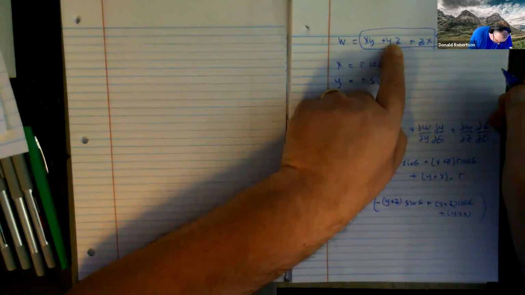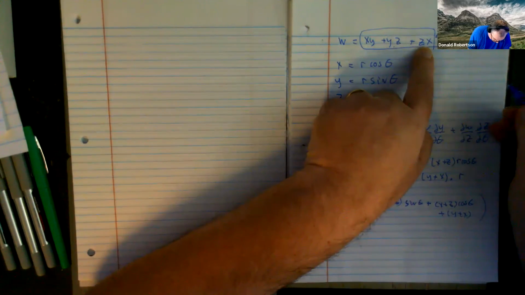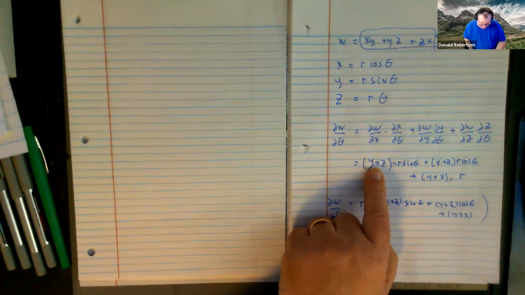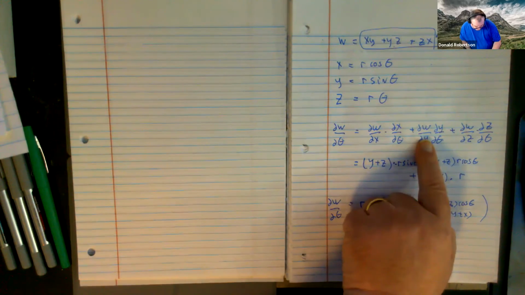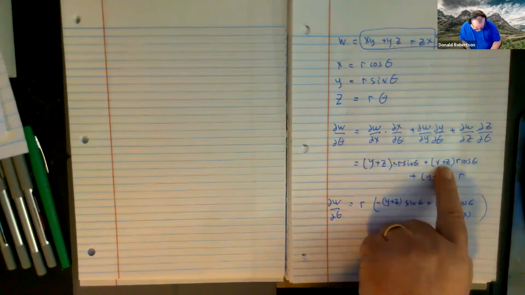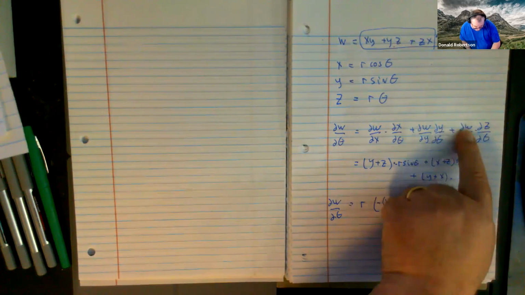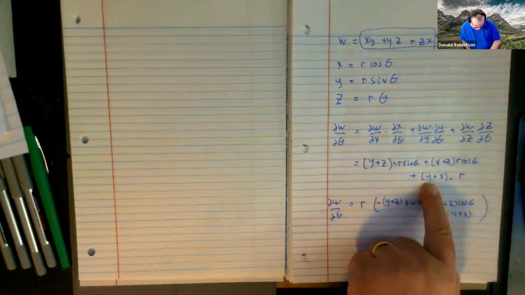This guy here doesn't have any x's in it, so you get 0. And this guy, when you differentiate it, partial derivative with respect to x, all you get is the z. So that's where the y plus z term came from. And then there's another one, this guy, and that ends up being x plus z. And if you do it again with the last one, that gets you y plus x.